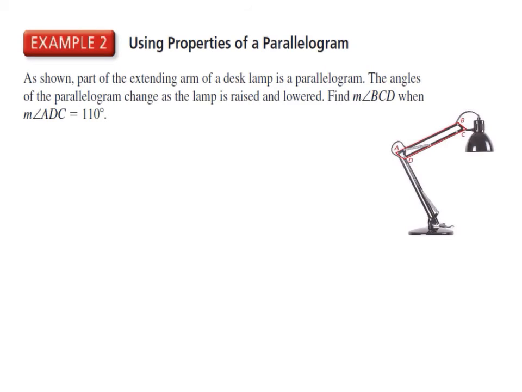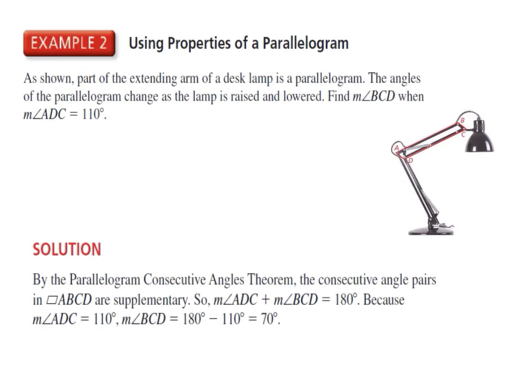Well, we just talked about the property where consecutive angles are 180 degrees. So if we know that this angle is 110, we subtract from 180 to get this one. So therefore it's 70 degrees. So that's using the parallelogram consecutive angles theorem. In other words, if it's a parallelogram, then consecutive angles are supplementary.